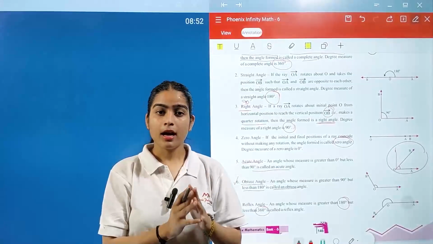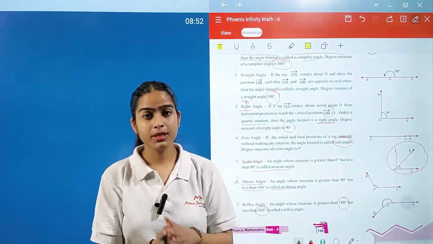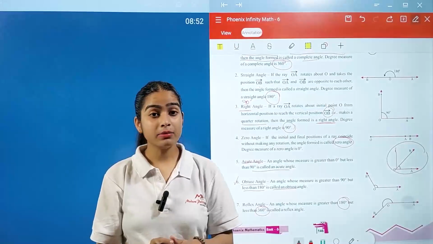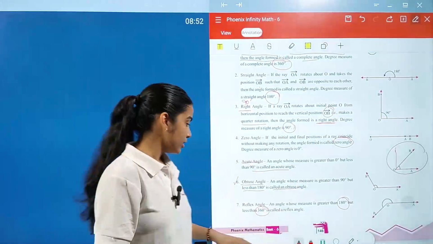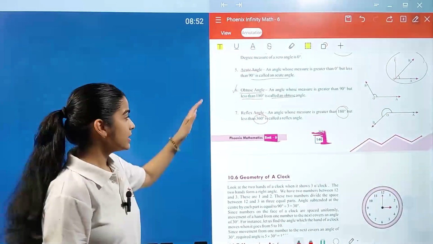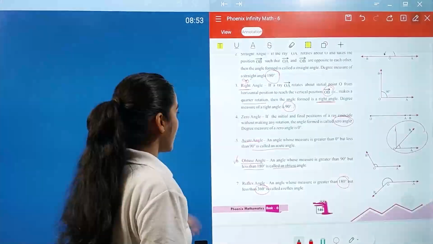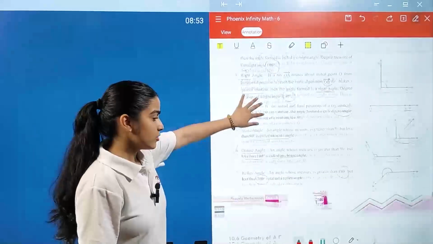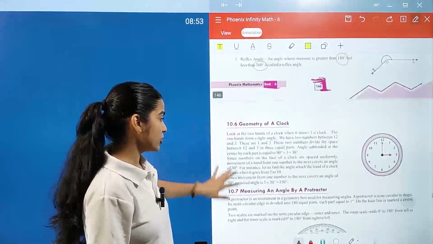Right angle; less than right angle we have acute angles; more than 90 degree means obtuse angle; the angle that lies between more than 90 degree and less than 180 degree is obtuse; more than 180 degree but less than 360 degree, that is your reflex angle. So you have to make your notes, and after that, you have a combined form of all your angle information on your page.